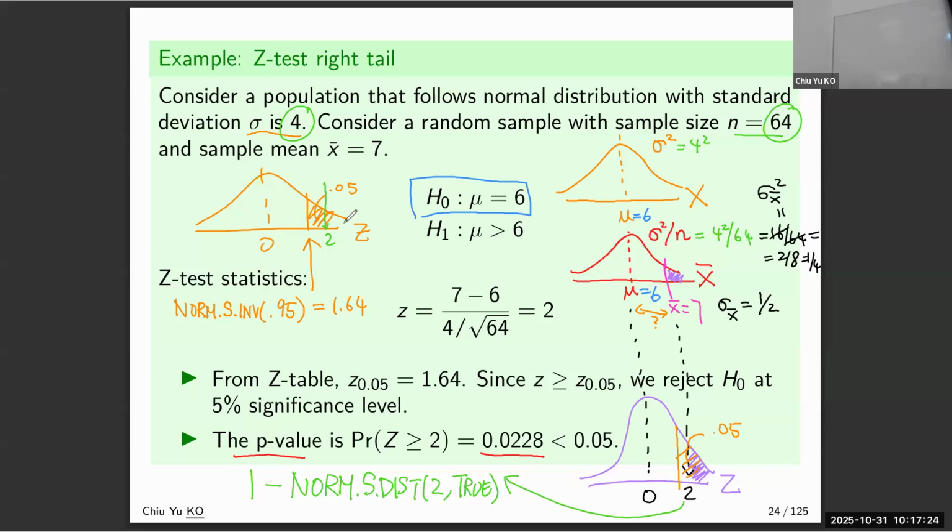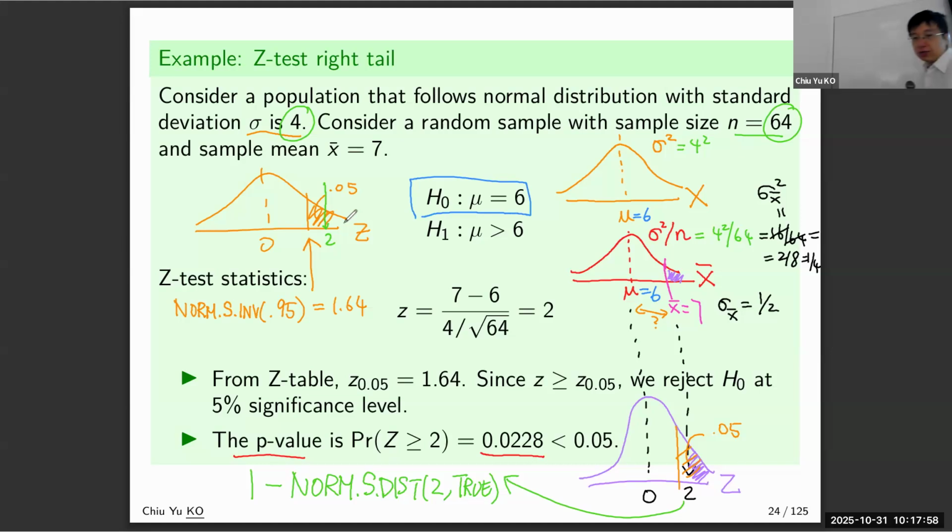Now Excel can calculate very quickly, so we will just use the p-value method. And you ask, what should you do in an exam or assignment? Unless I tell you to use a particular one, you just do whatever you like. Otherwise, you can choose what you like. I would always recommend the p-value method because it tells you more.